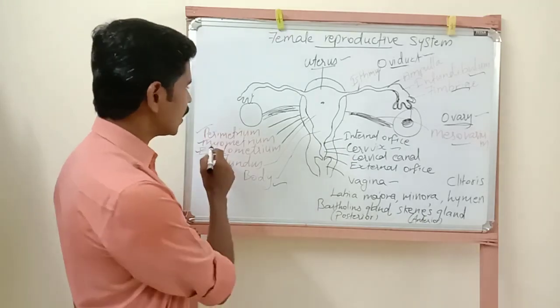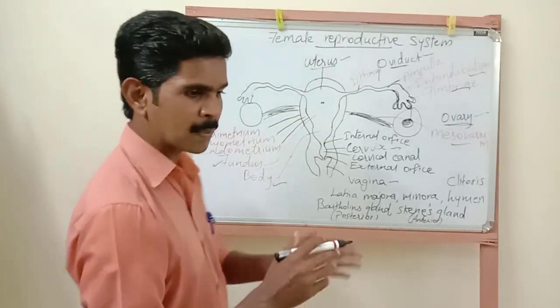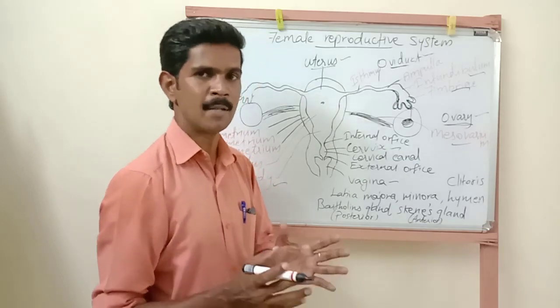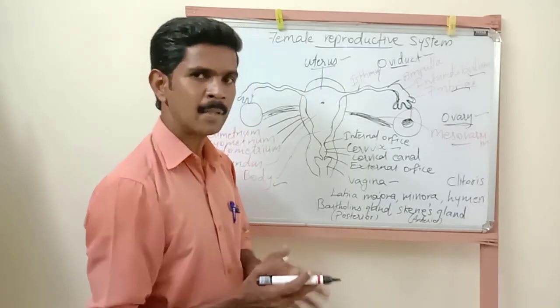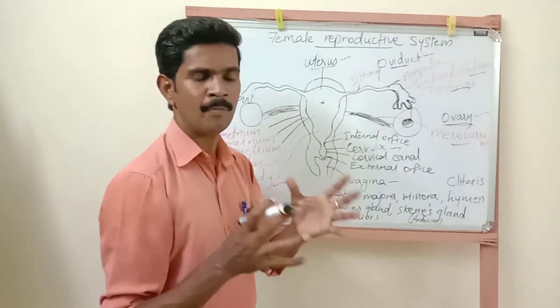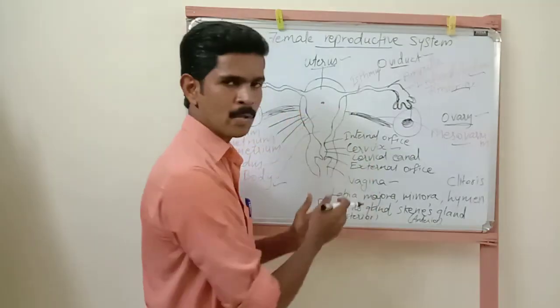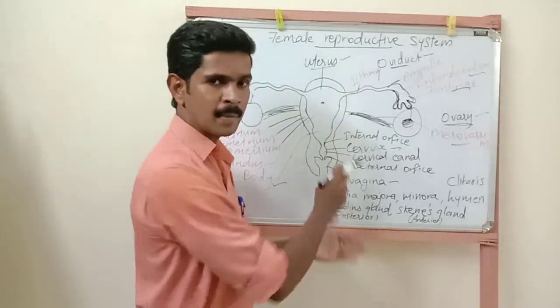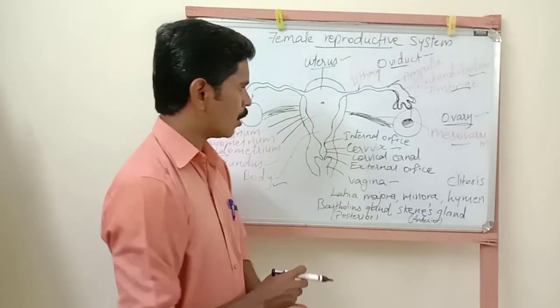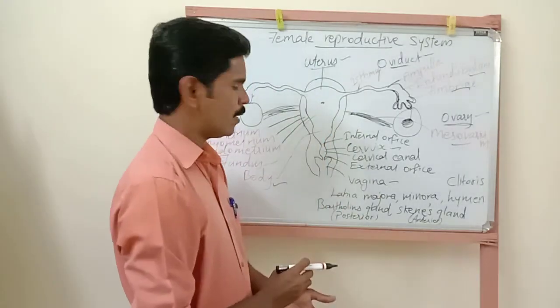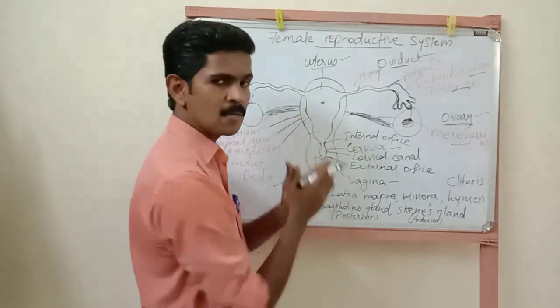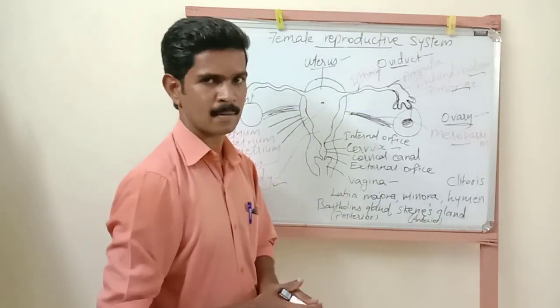That means during childbirth, after the end of the 9th month, maximum 10 months, the fully developed baby is ready to be released from the uterus, ready to come out. So to come outside, the uterus wall must contract.